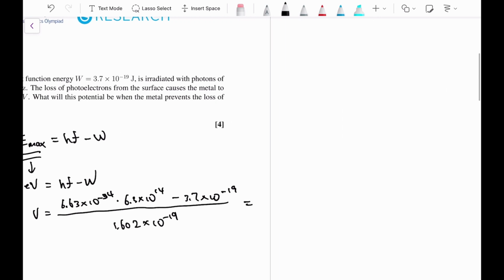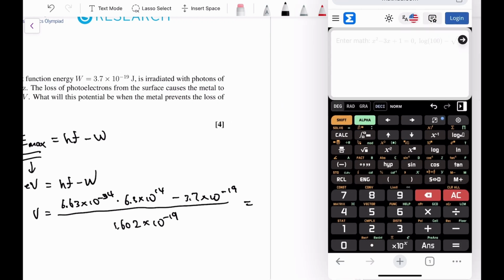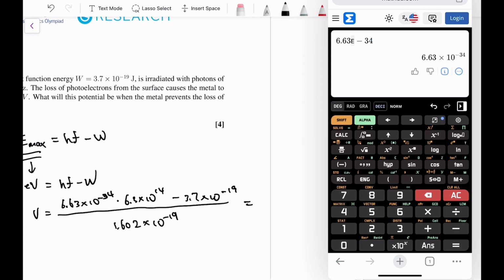And we put this into a calculator. Over here we have 6.63 times 6.3 times 10 to the 14, minus 3.7 times 10 to the minus 19.